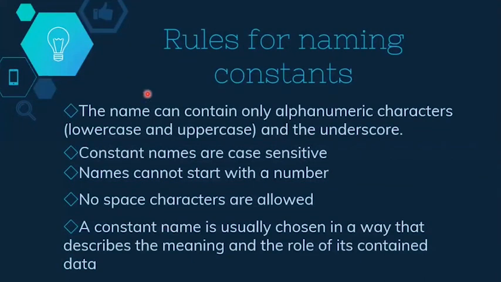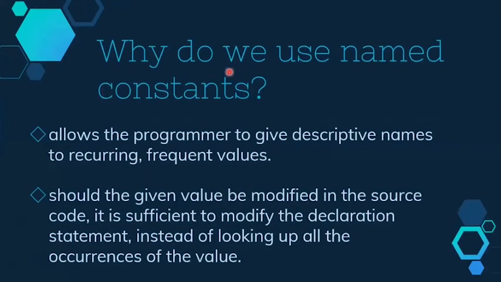Now, following that very short demonstration of using constants in C, we're going to answer the question: why do we use named constants? Why can't we just use normal variables for everything?